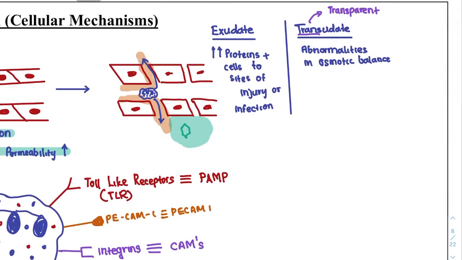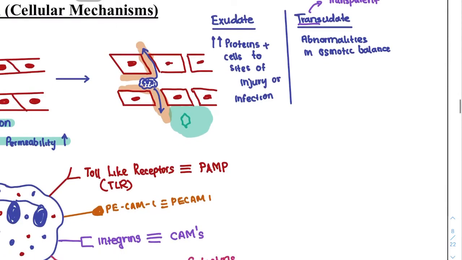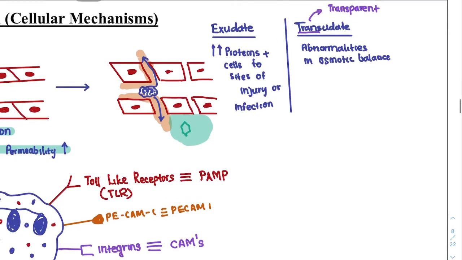And the other type, you will have to compare this in several subjects, including diagnostics. You need to differentiate between exudate and transudate. Many people make the mistake of switching the two. They forget what exudate is and they forget what transudate is.